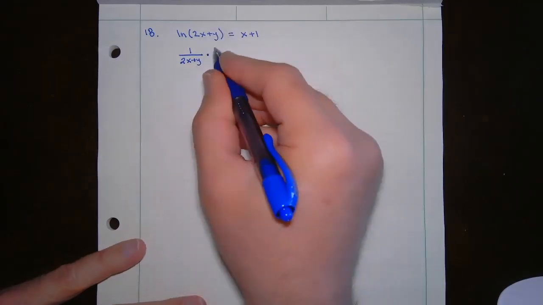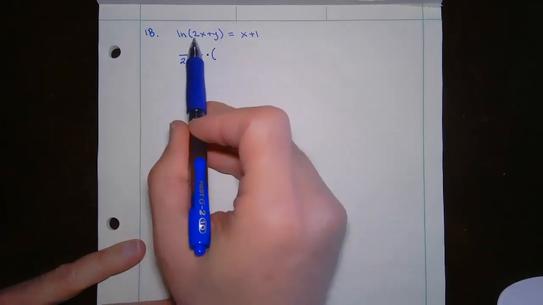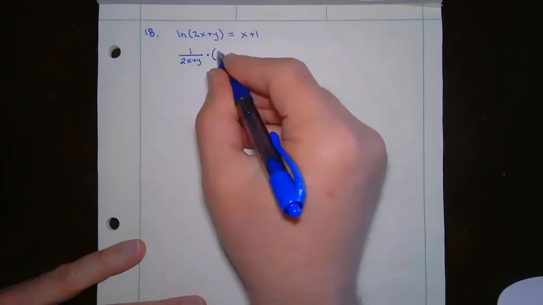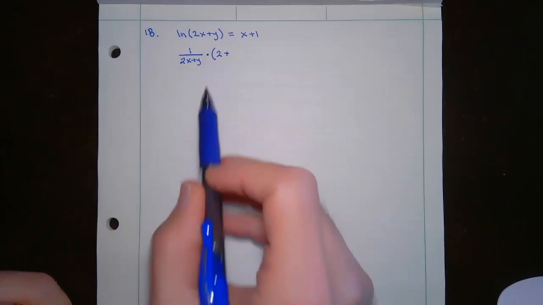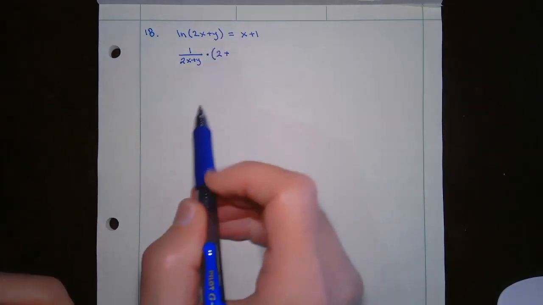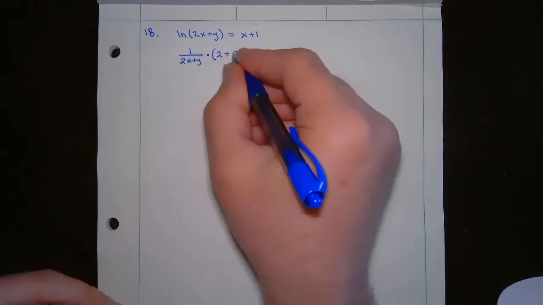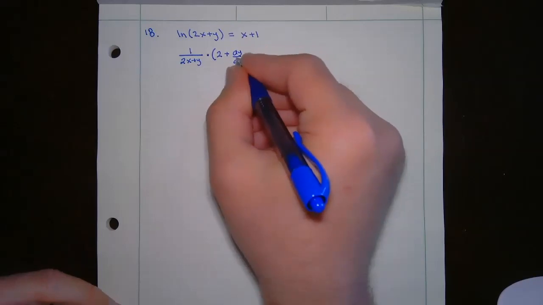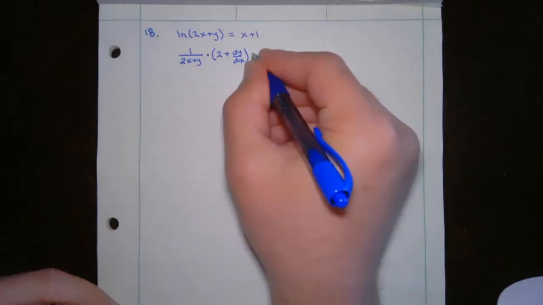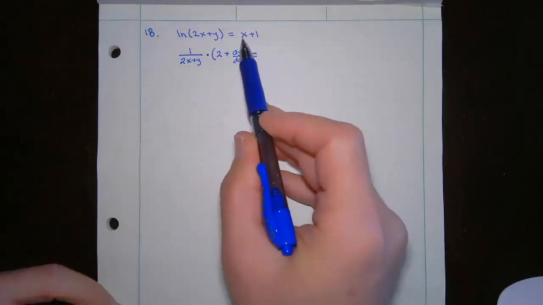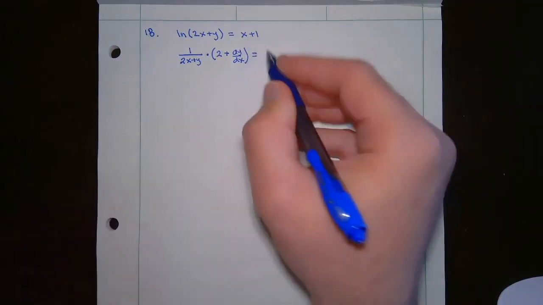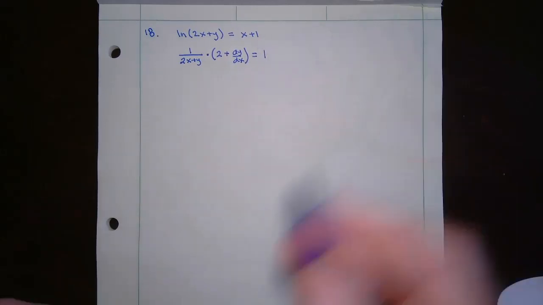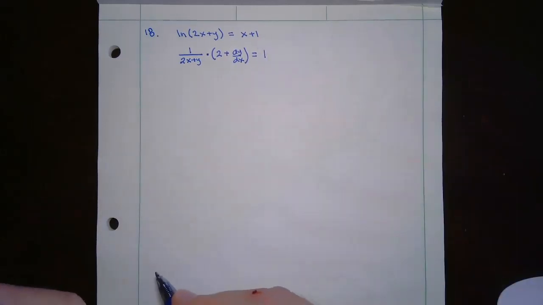I'm going to need parentheses here. The derivative of 2x would be 2, plus the derivative of y, which would be dy over dx, is equal to the derivative of x, which is 1, dx over dx, which is just 1. So 1 plus 0, and we don't need to write the plus 0.